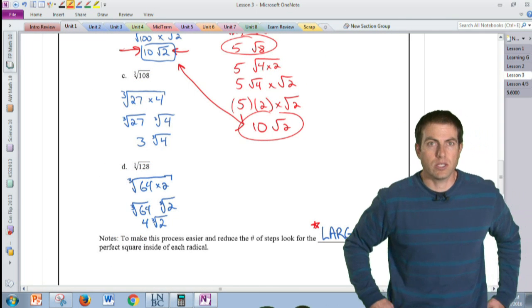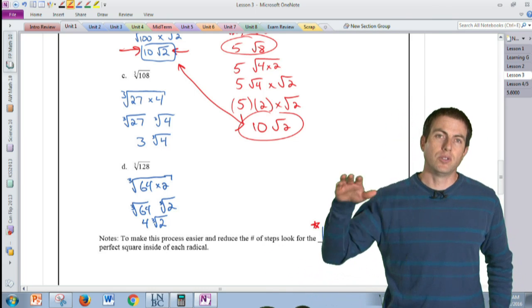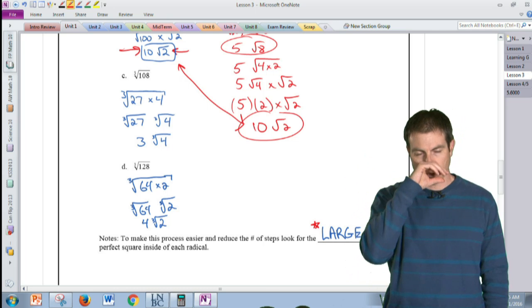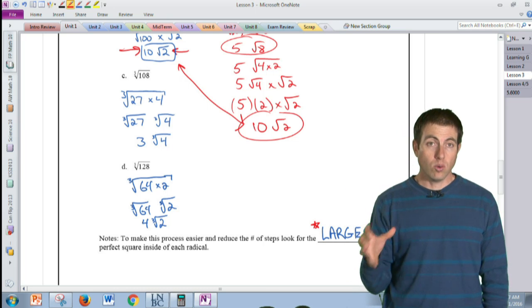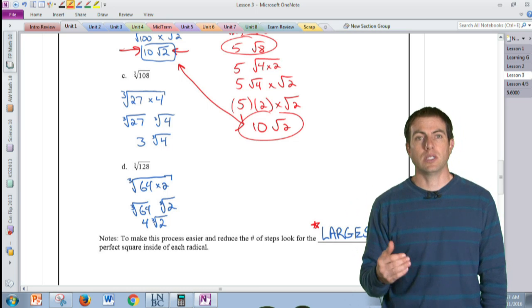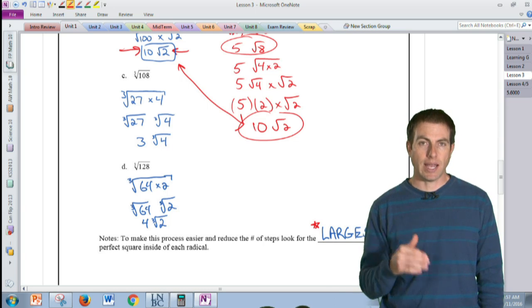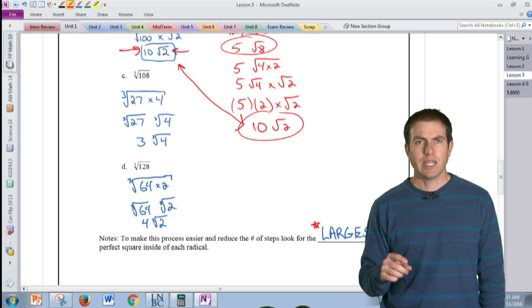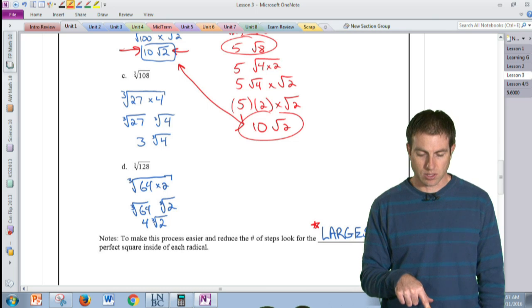You can do these questions and get them all wrong even though you've done everything right if you don't pull out the largest perfect square, largest perfect cube right from the beginning. There's no shame in doing it in 2 steps, but it's really important that when you get to your answer, you say to yourself, is there any perfect square that goes into my answer? Is there another step? Can I continue this a little bit further?